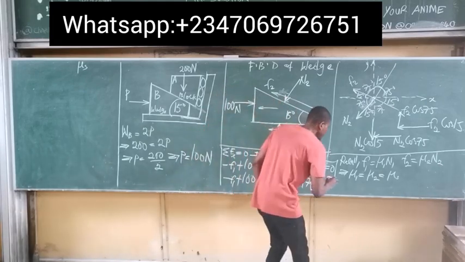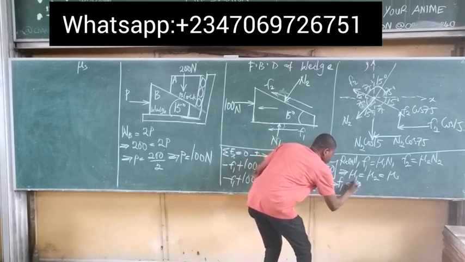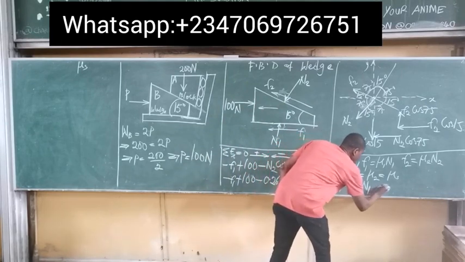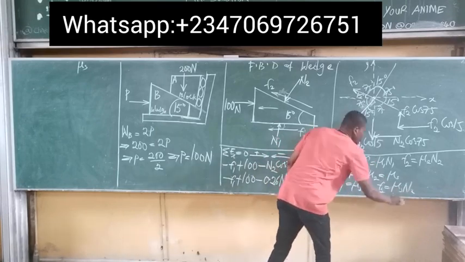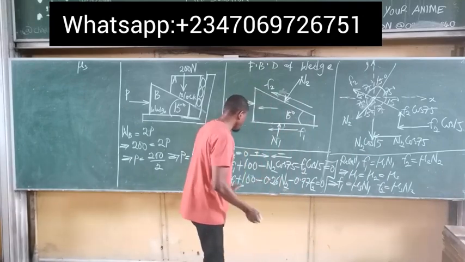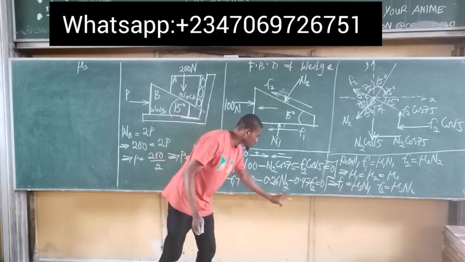So this now implies that f1 will simply become mu x times n1, and also f2 will become mu x times n2. If you have this, we can now substitute into this equation in place of f1 and in place of f2.